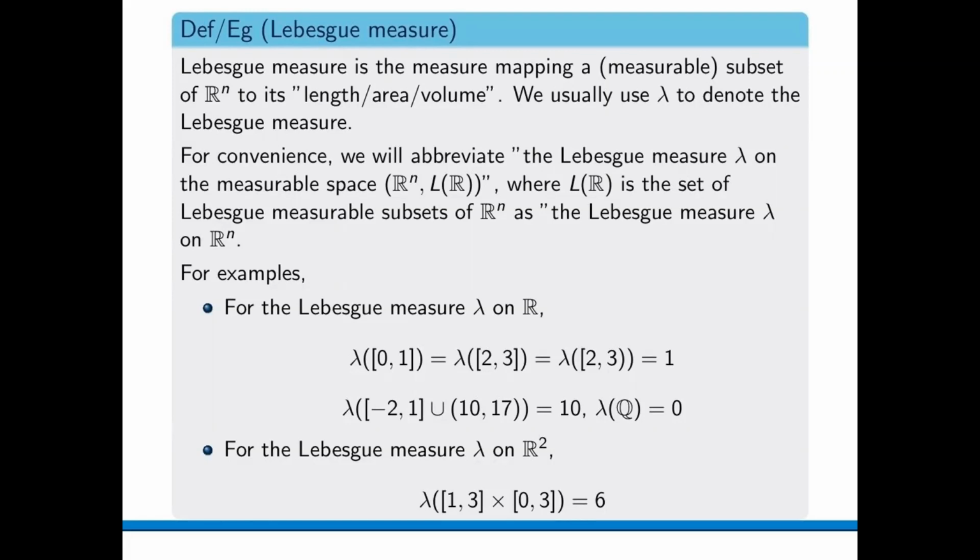Why is it 0? Because the rational number set contains countably many points, and each point has length 0. By the sigma additivity of the measure, the Lebesgue measure of the whole rational number set is just 0, right? And for the Lebesgue measure on R2, this area, 1 to 3, times 0 to 3, its Lebesgue measure is 2 times 3 equals 6, right?